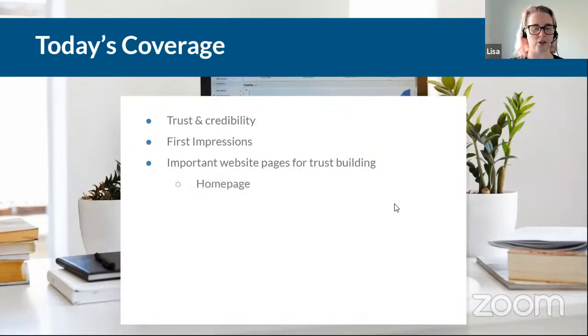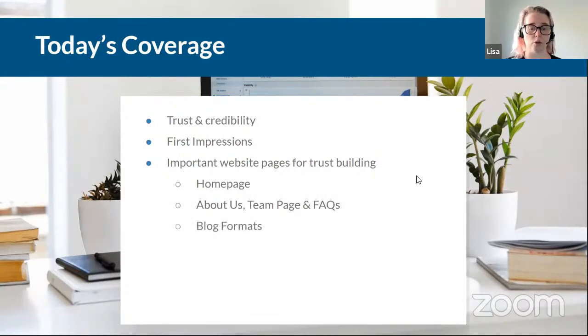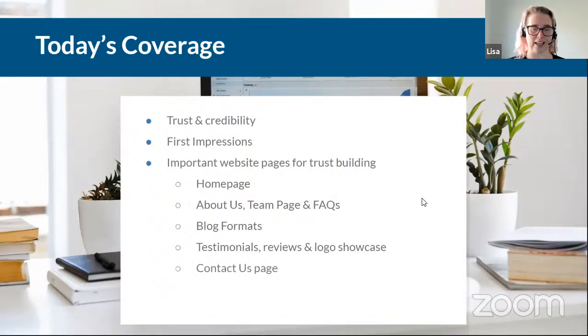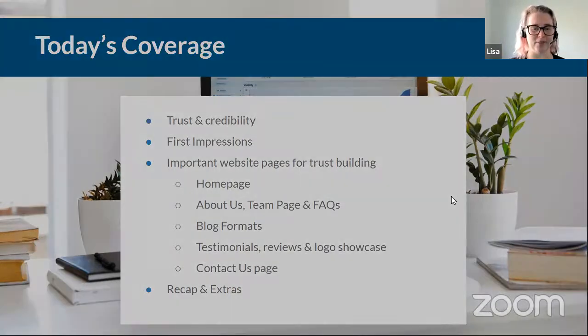So we're going to go through aspects of the homepage, the About Us team page and FAQs, blog formats, testimonials, reviews, and a logo showcase, the Contact Us page, and then a quick recap with a couple of extras in there. I have put a few tips along the way, which are areas that I feel are probably the most important to remember on these pages. So we'll crack into it from here.